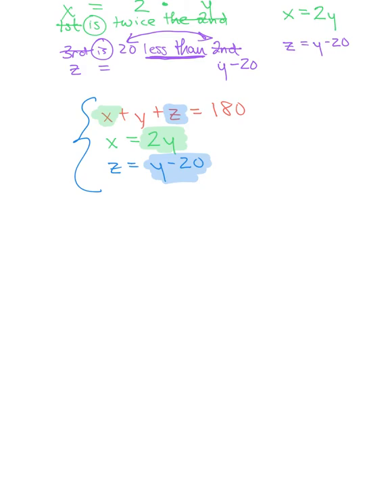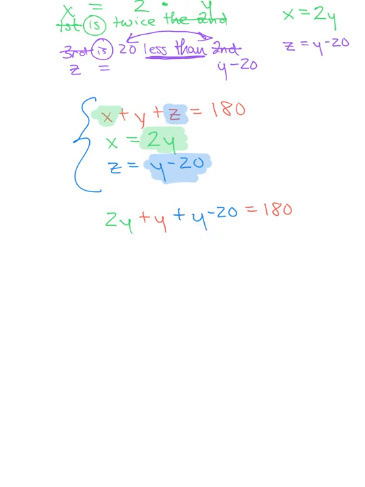So if we replace x with 2y, we still have plus y, and we have plus y minus 20 equals 180. So hopefully you saw what I did there. All we did was we took 2y and replaced x. We don't have anything to plug in for y, so we're going to keep it. And we're going to take y minus 20 and replace z.